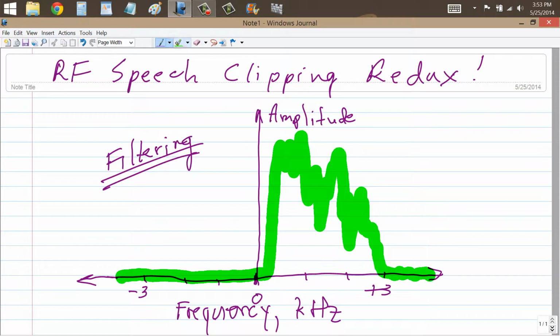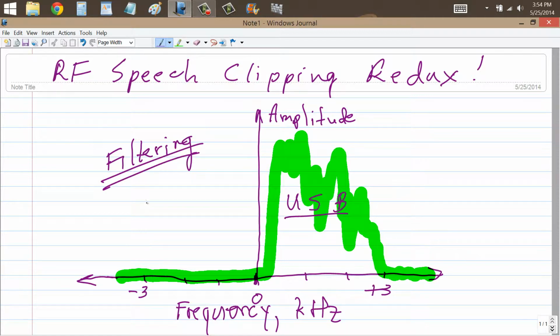Well, let's look at a typical voice signal without any speech clipping, without any speech processing. Single-sideband voice signal. It is an upper sideband or USB signal, not universal serial bus, but upper sideband signal, and you can tell that because in this frequency domain display, the signal energy appears above the suppressed carrier frequency.